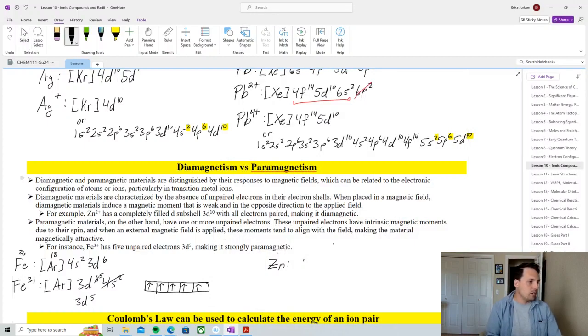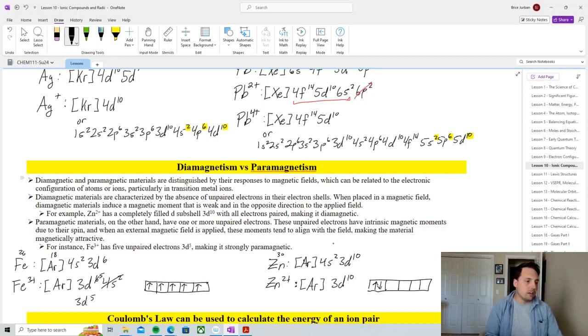So let's start there. So 4s2, 3d10. When we write out zinc 2+, it's going to remove the 2 electrons from the 4s subshell, giving us argon 3d10.